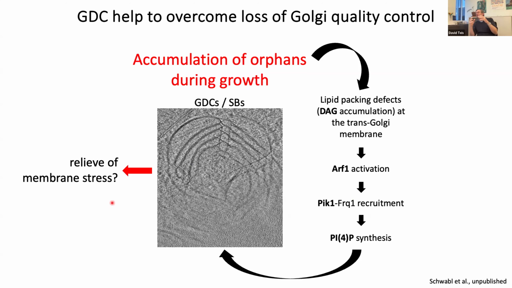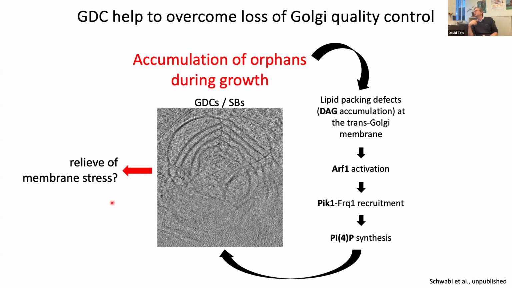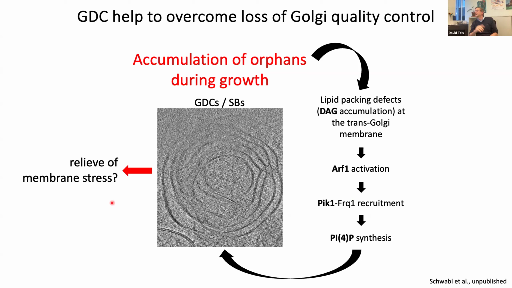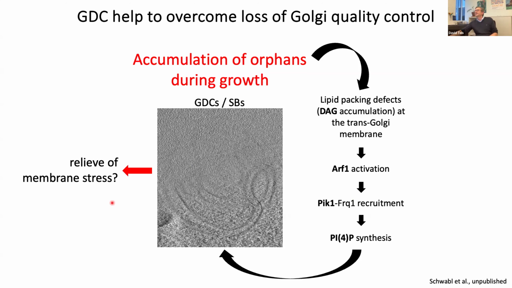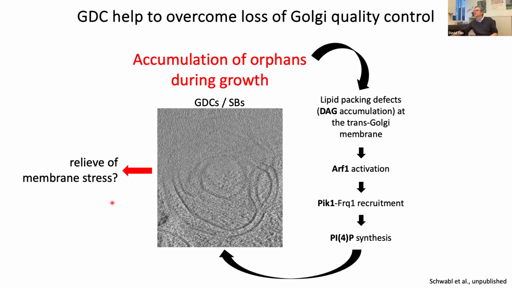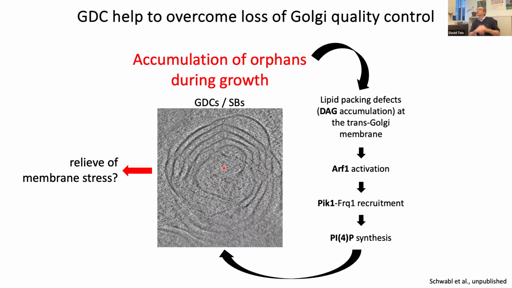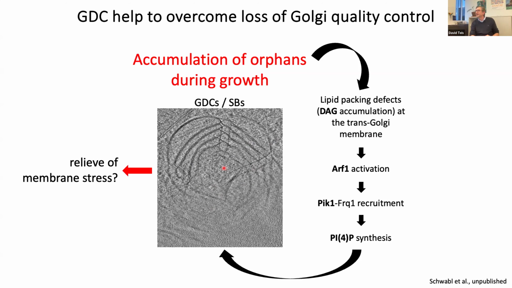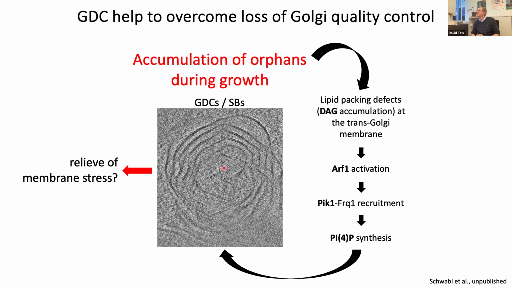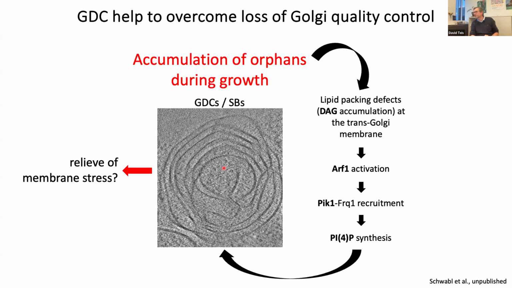We speculate that this accumulation leads to lipid packing defects at the trans-Golgi and to DAG accumulation, which in turn triggers ARF1 activation, the recruitment of the PF4 kinase PIK1 and PF4P synthesis, and in some sort of vicious loop, this leads to the generation of these Golgi-derived compartments. We also believe that these Golgi-derived compartments are important for the survival of cells. We just do not fully understand yet how they relieve the stress of cells when Golgi quality control has collapsed.